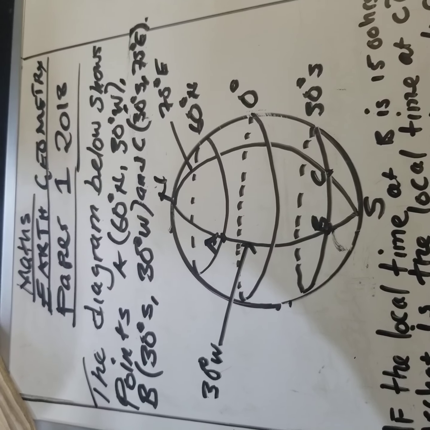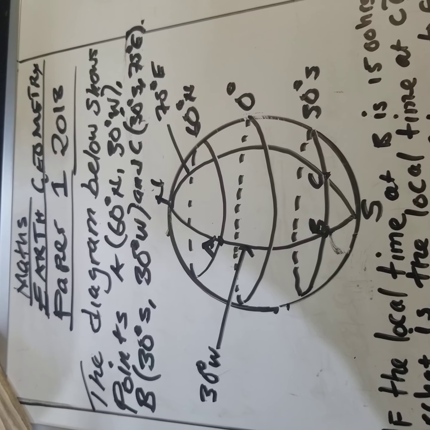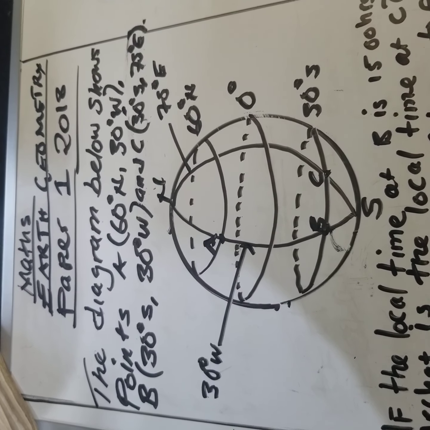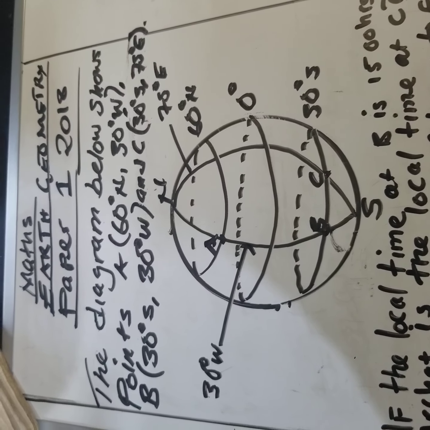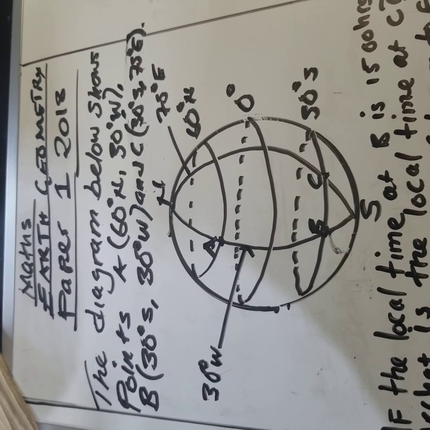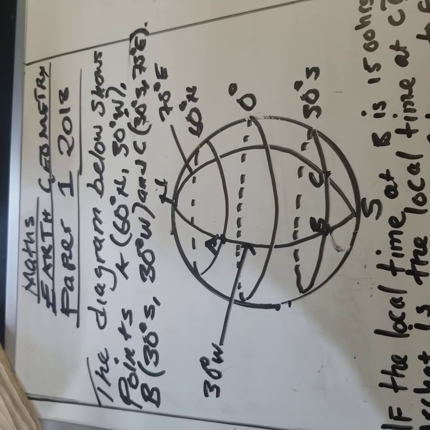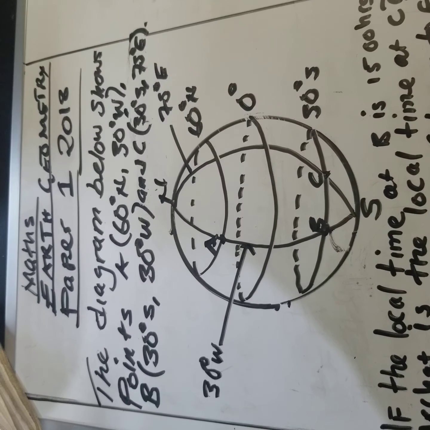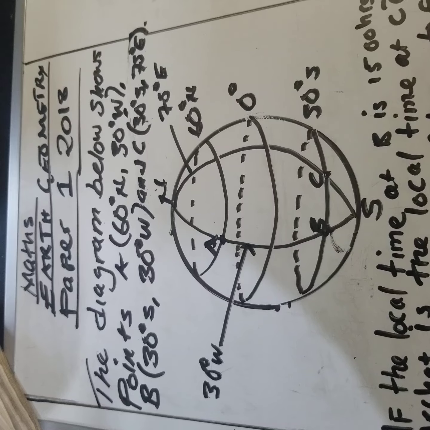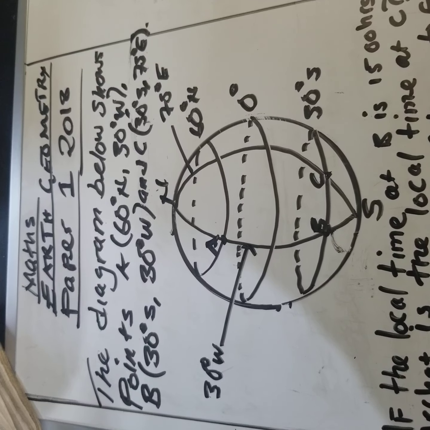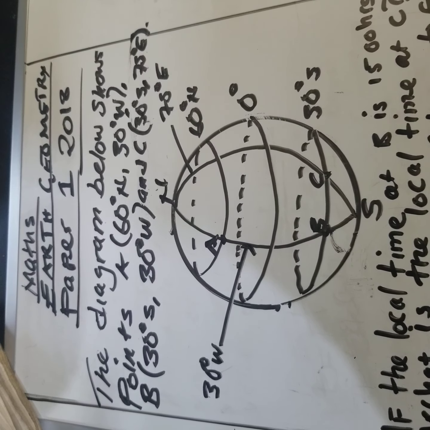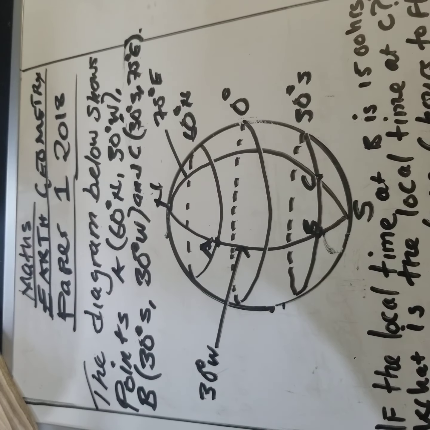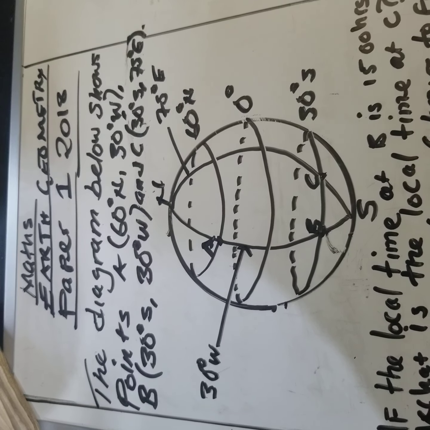It says the diagram below shows points A at 60 degrees north, 30 degrees west, point B at 30 degrees south, 30 degrees west, and C at 30 degrees south and 75 degrees east. Okay, so this is a globe, the Earth's surface.